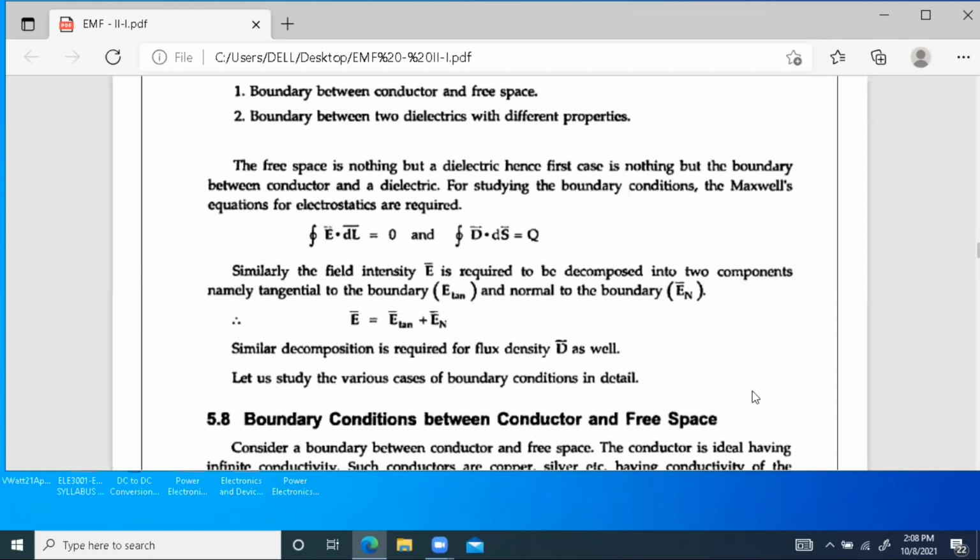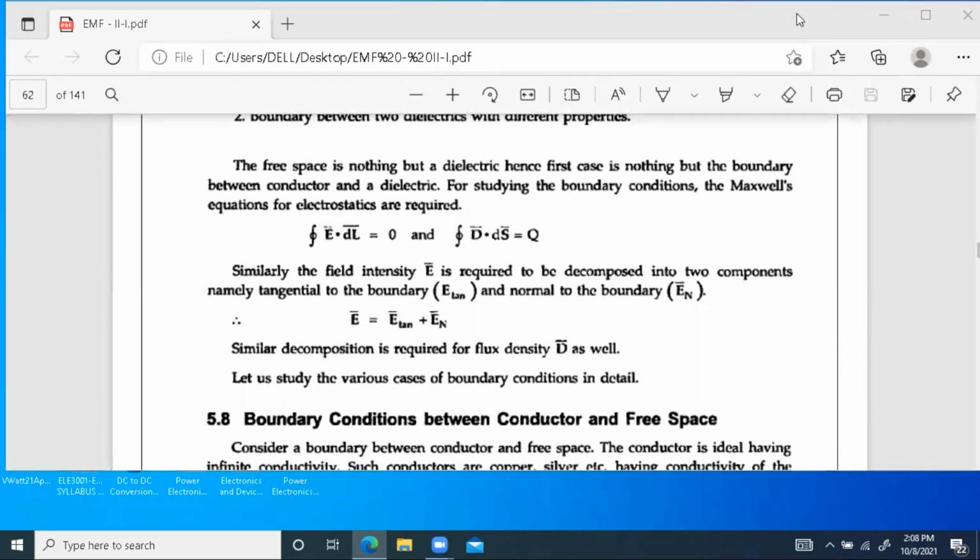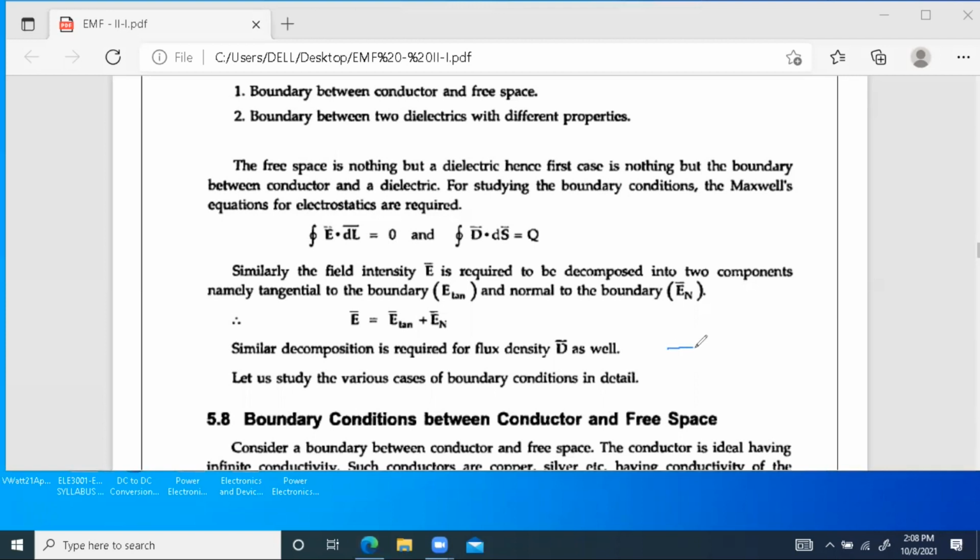Now I want you to imagine for me an electric field impinging upon a boundary. So here you have a boundary. This is medium 1. This is medium 2. And you have an electric field.